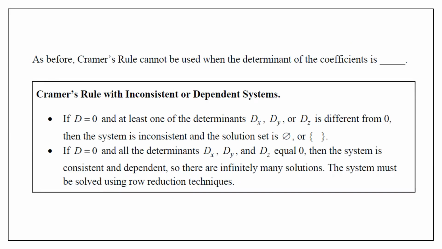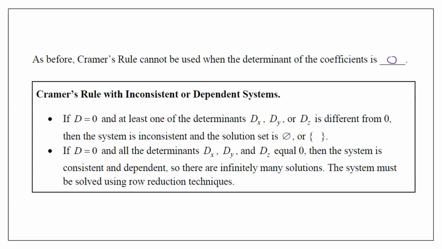As before, Cramer's rule cannot be used when the determinant of the coefficient matrix is 0. If d equals 0 and at least one of the determinants, d subscript x or y or z, is different from 0, then the system is inconsistent and the solution set is null.